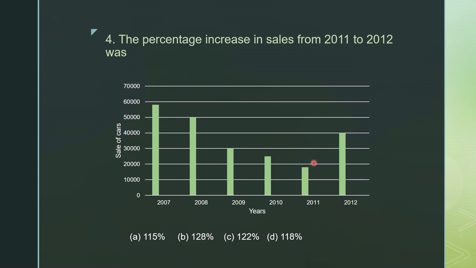So which method do we follow? Final minus initial divided by initial into 100. That means 40,000 minus 18,000 divided by 18,000 into 100. We already calculated this value. So what is the correct option? 122.22%. Here 122% is given. So the right option is C.